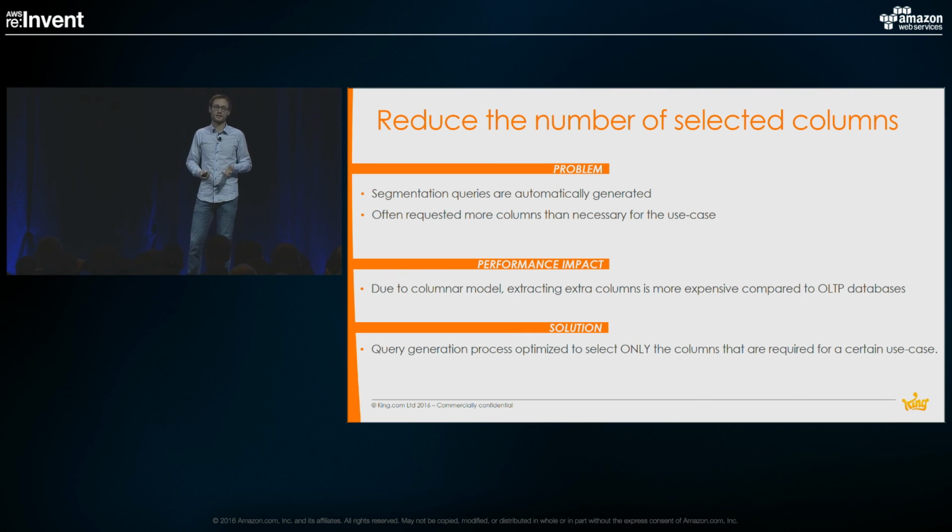So we went back into the system and did a lot of heavy optimization, making sure that we only select the columns that are actually required in the query, which again gave us a big performance gain. As I said, not one for everyone, because for quite a few of you it's quite obvious, but if you have an OLTP background and you're moving over to Redshift, that's something to keep in mind.